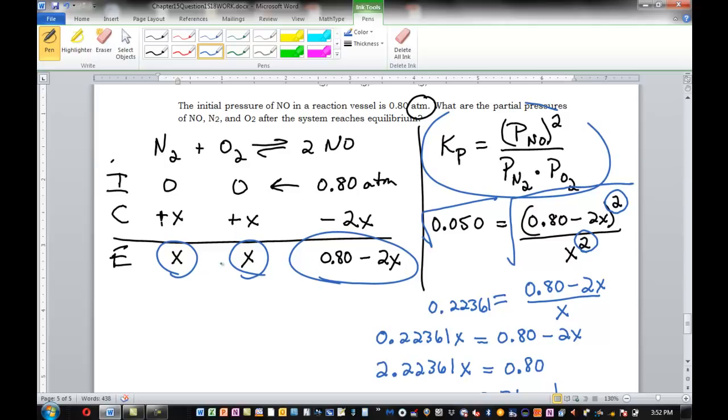Plug in your pressure of N2 and your pressure of O2, calculate that, get a Kp value, and it should be very close to that 0.05. It might be slightly different because of rounding errors, but you should get that same K value. Always good practice. You can double check yourself on a lot of these calculations.